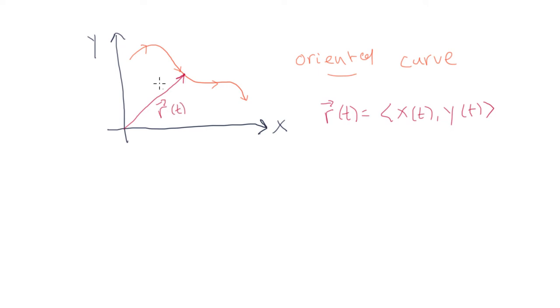Maybe over here, this is t equals 0, maybe this is t equals 1, and then maybe this is t equals 2. So you see as time goes on, the particle is going to be moving along here. At any given time, my vector valued function is just outputting the vector that's pointing to where the particle is, like that.